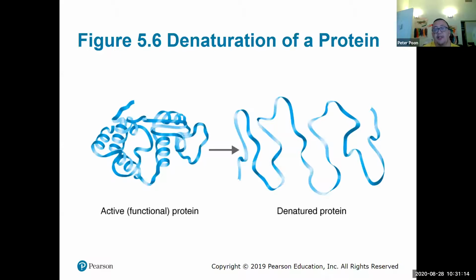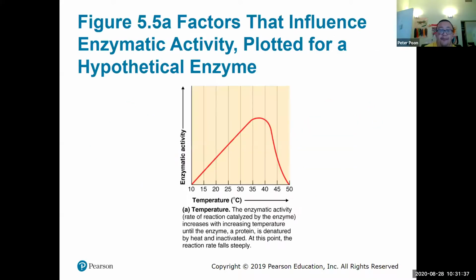This is denaturation of a protein. This is what happens when you add too much acid, too much base, or too much temperature to a protein. It denatures, it unravels. If it unravels a little bit, going back to normal will make it fold back. But if you denature it this far, you can change it back to normal and it won't refold again. Enzymes only work at whatever temperature they're designed to work at.